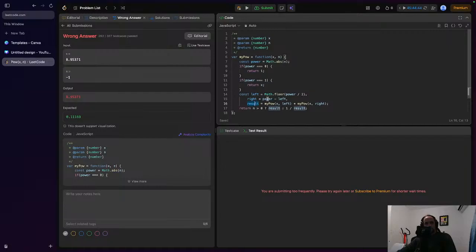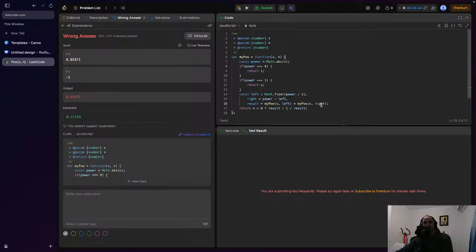Essentially, we should be getting 1 times the original value, and then we should be logging a result where the right side would be 1 times 1x.